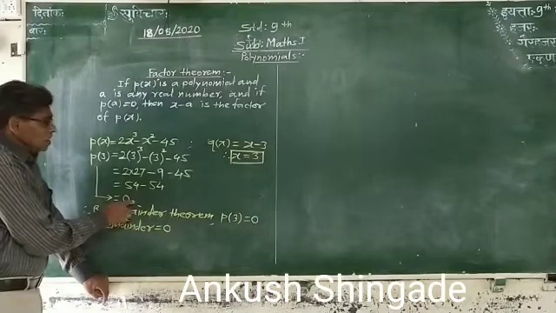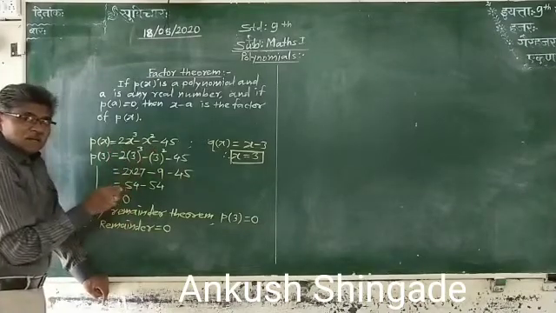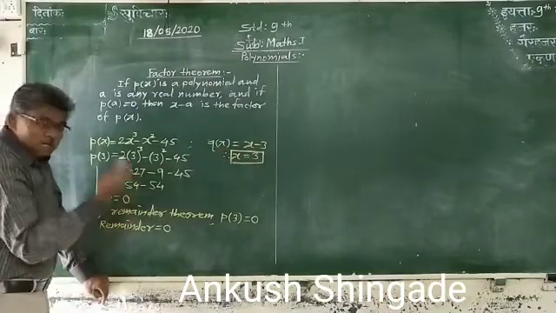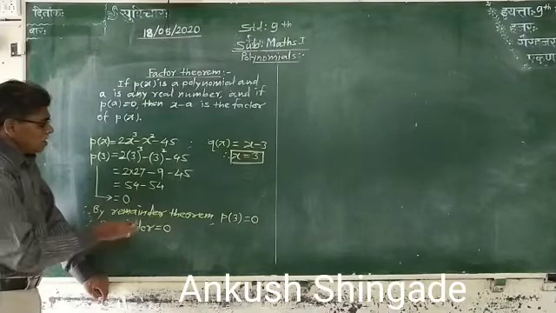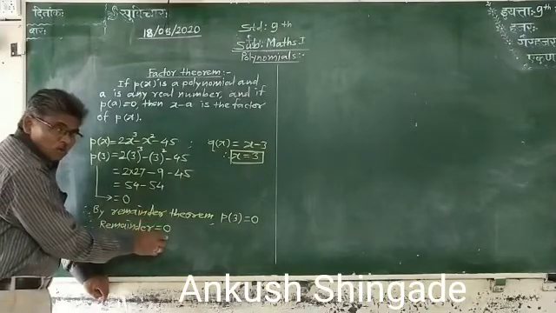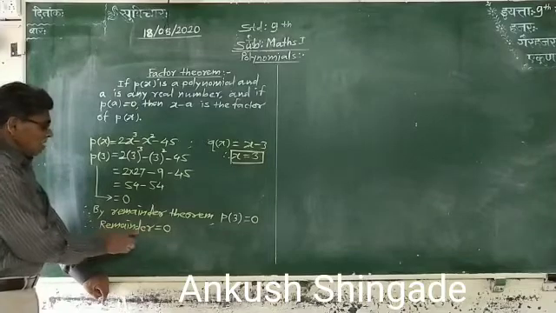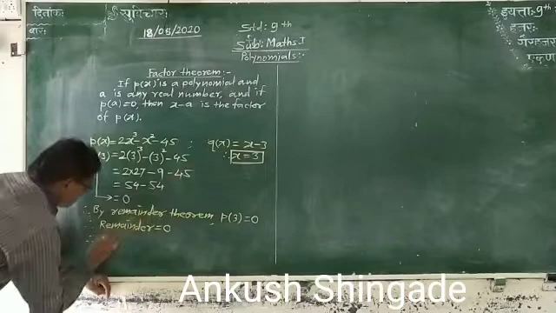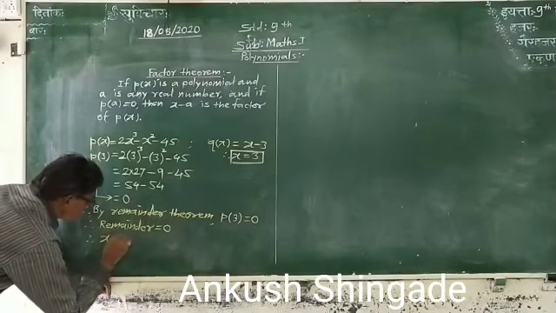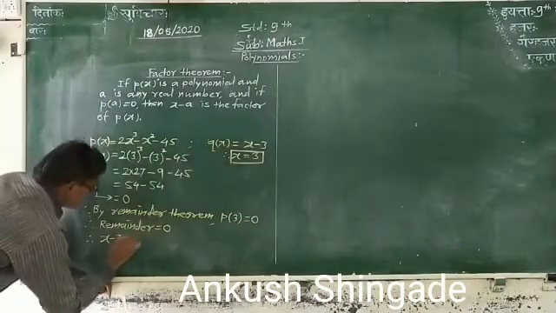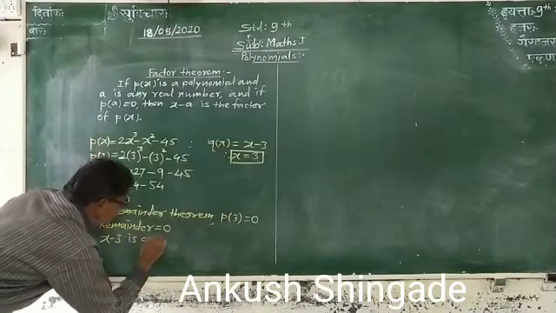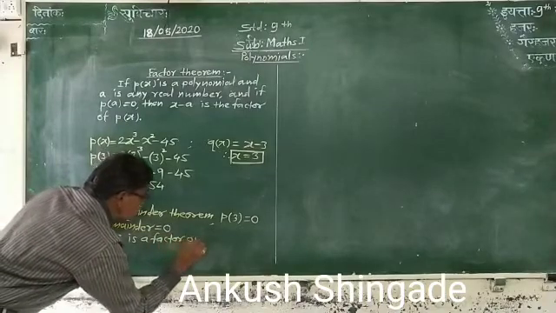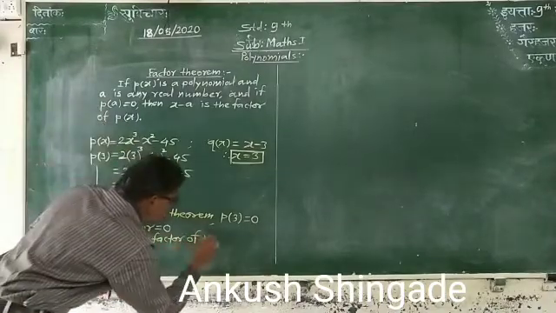If we divide this polynomial by this polynomial by the synthetic division method, we get remainder 0. Here remainder is equal to 0, then we say that x minus 3, that is Qx, x minus 3 is a factor of Px.